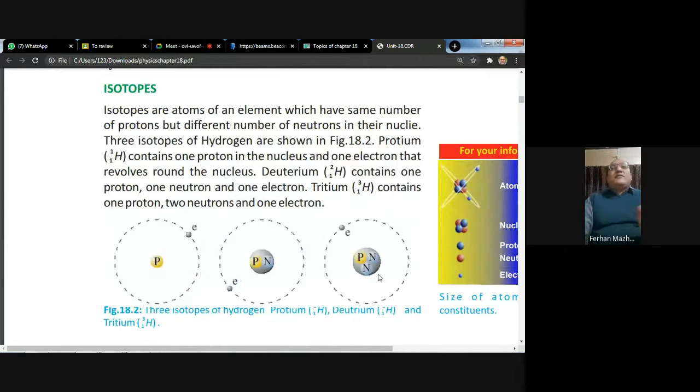Isotopes are atoms of an element which have the same number of protons but different number of neutrons in the nuclei. 3 isotopes of hydrogen are shown in the figure 18.2. Protium contains 1 proton in nucleus and 1 electron that revolves around the nucleus. Deuterium contains 1 proton, 1 neutron, and 1 electron. And tritium contains 1 proton, 2 neutrons, and 1 electron.